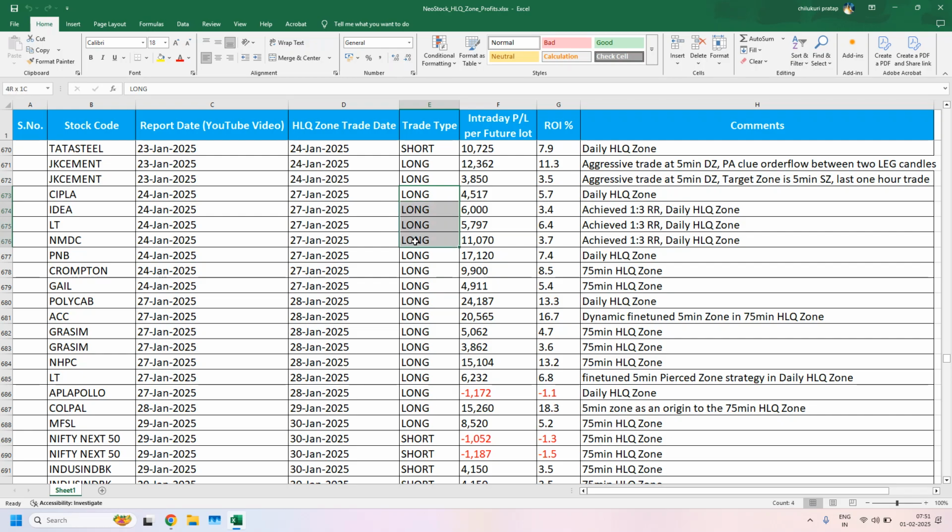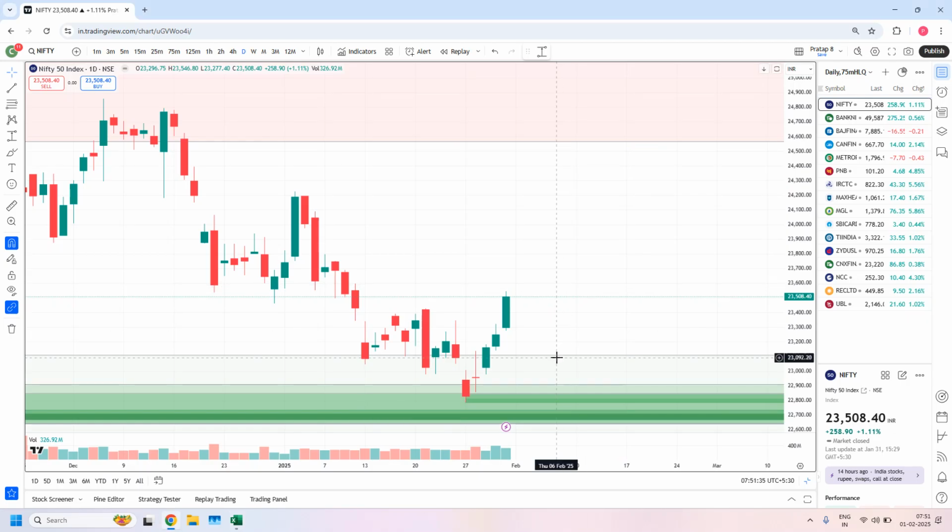First, second, third, fourth, fifth, sixth, seventh. 7 trades you got on 27th January. All are successful trades. The only least ROI is NMDC, 3.7. I think one more idea. Remaining all they gave very good ROIs. 8.5, 7.4, 6.4, 5.7. On a bearish day, how our software is working.